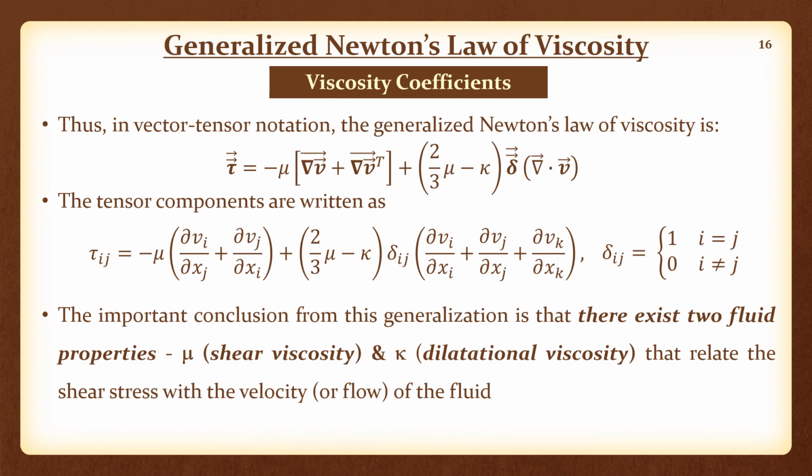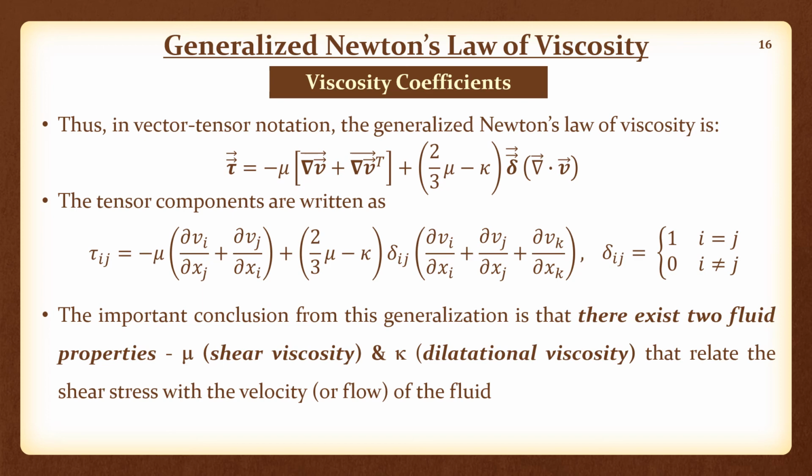Therefore, in vector tensor notation, the generalized Newton's law of viscosity is: tau, the shear stress tensor, is minus mu into the sum of the velocity gradient tensor and its transpose, plus the second constant 2/3 mu minus kappa, which is the dilatational viscosity, multiplied by the unit tensor multiplied by the divergence of the velocity vector field.